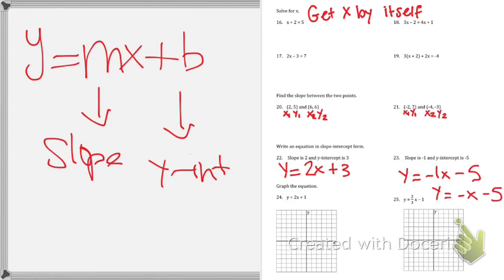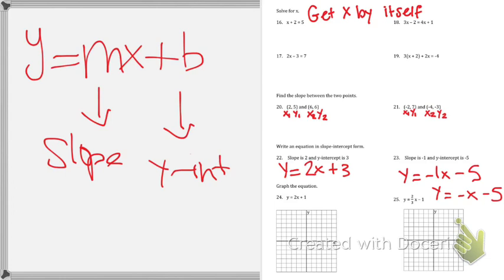All right. Now, let's look at these graphs. Let's see if I can do this without a pen. So, when you are graphing an equation, you always start at your y-intercept. So, looking at your equation on number 24, is 2 or 1 your y-intercept? 1. And it's a y-intercept because it starts on the y.